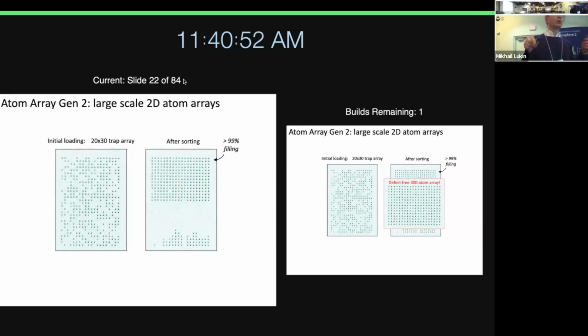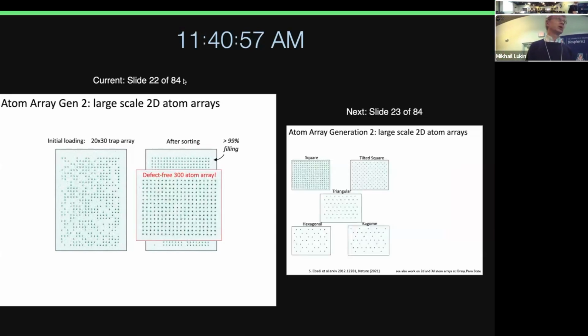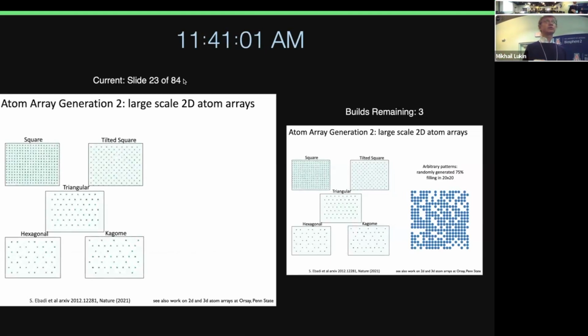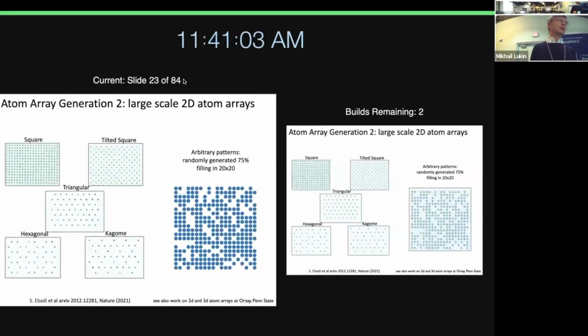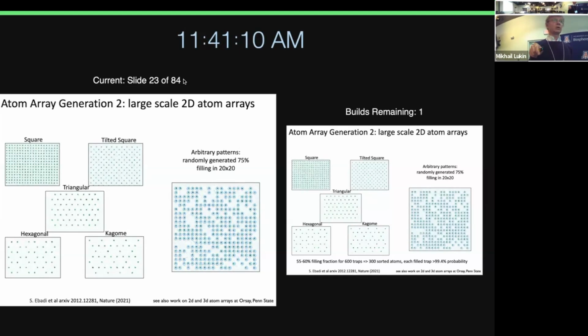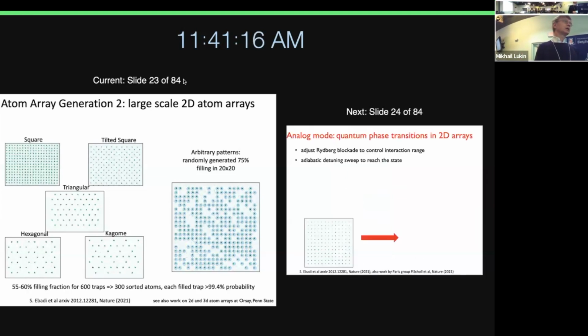So in modern experiments, 99% filling is typically achievable. With that, one can create different types of arrangements and even arbitrary patterns. For example, these are places where you want to put atoms, and here are the actual atoms.